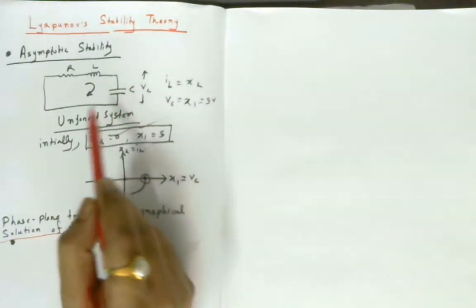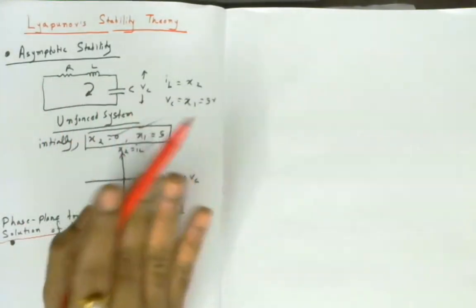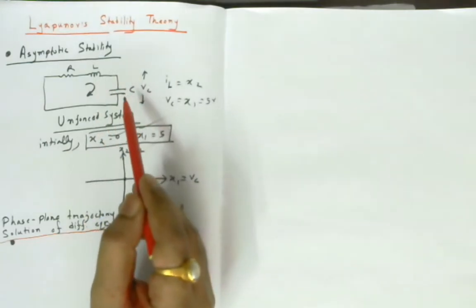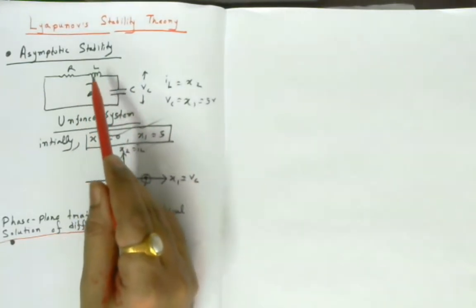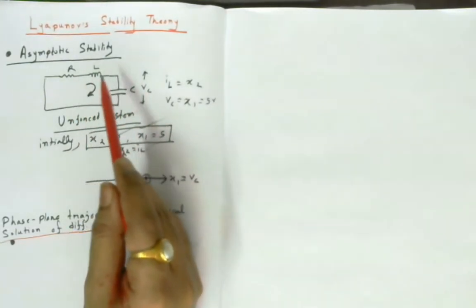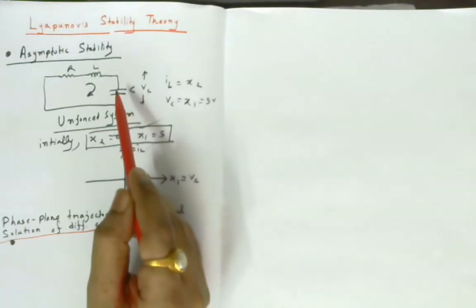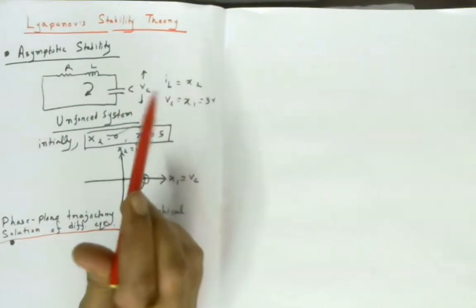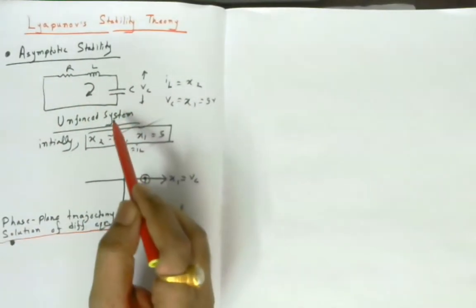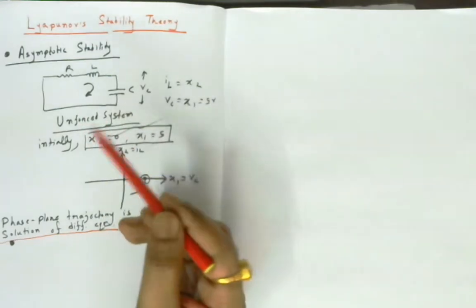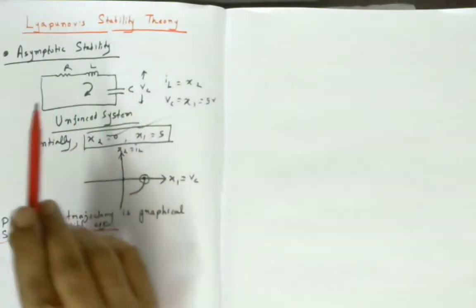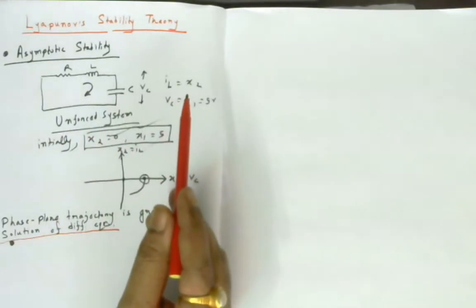Say I'm taking this example of an RLC series circuit. What will happen to the total energy? Total energy depends on the inductor energy as well as the capacitor energy, and this is an unforced system, so there is no source of external energy. The energy is stored in the capacitor and inductor due to the initial condition. So what will happen to the energy when time tends to infinity?